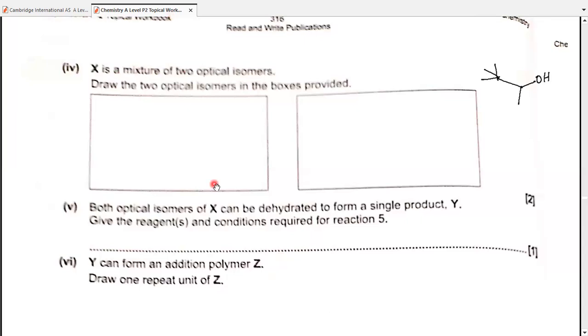The drawing of this specific question, Saad, would also give us a clear idea of what we were doing yesterday or the day before about drawing the optical isomers, and making sure about the tetrahedral structures that we need in case of the mirror image of 2 optical isomers. So make sure you keep in mind the tetrahedral structure.